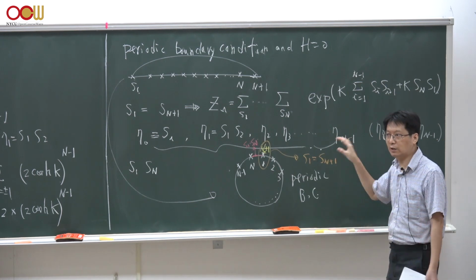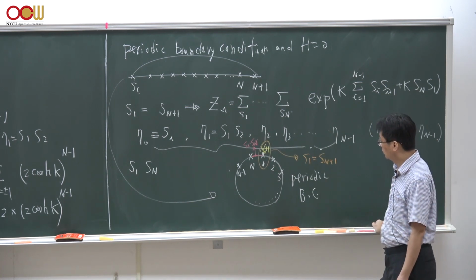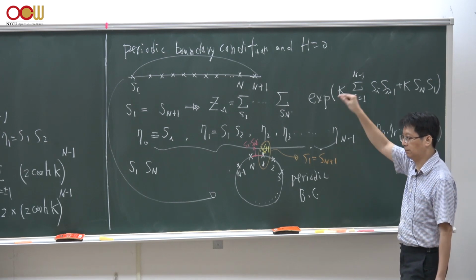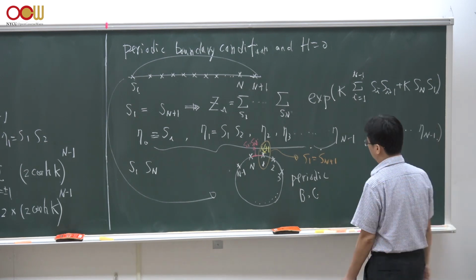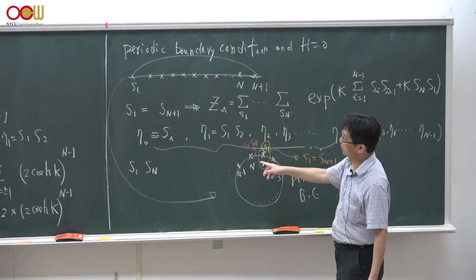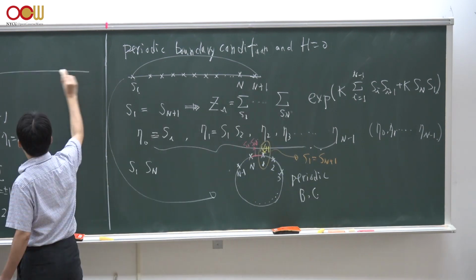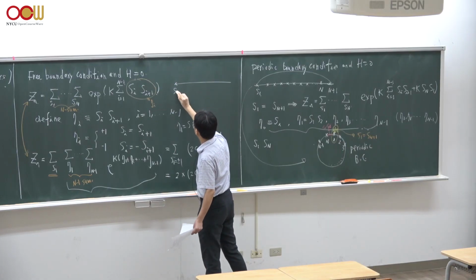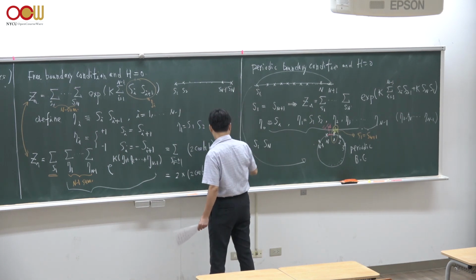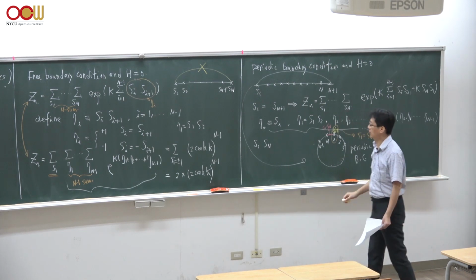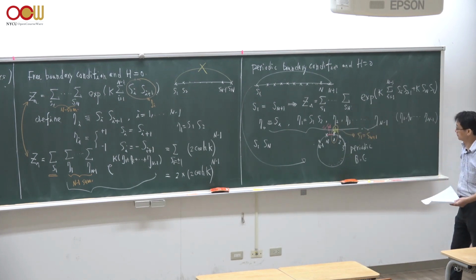If I add one more spin on the ring, you get the same spin configuration back at the first spin S1. So it's periodic at the boundaries, but this boundary condition is certainly different from the free boundary condition where you don't have any relation between S1 and Sn. There's no talking between the very first and the very last spins in the chain.